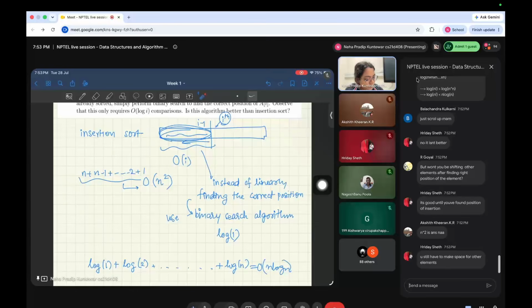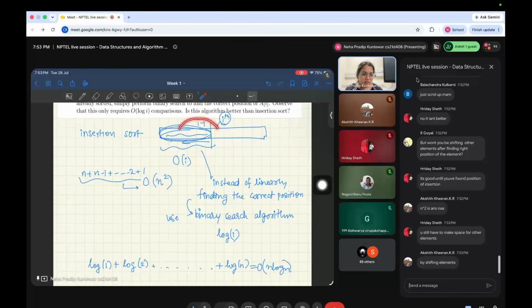So it's not enough to find the correct position of the ith element. You have to actually swap it with the element here and then push all the other elements. So pushing those elements will take order I time in the worst case. So just finding is not an issue. Good. So this doesn't work.